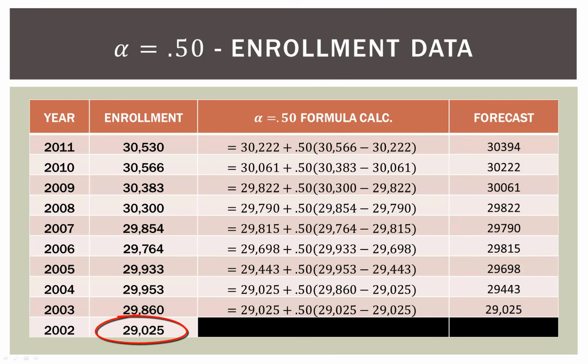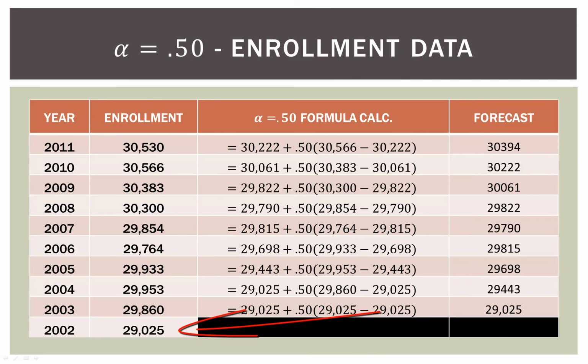So if you remember, I said in my little note a couple slides ago that in our first case, since we only have the actual enrollment data for 2002, that will actually be our actual and forecasted data when we're figuring out 2003. So if you look in the formula column, over on the right-hand side in the parentheses, we have 29025 minus 29025, and that's because that's the enrollment in 2002.